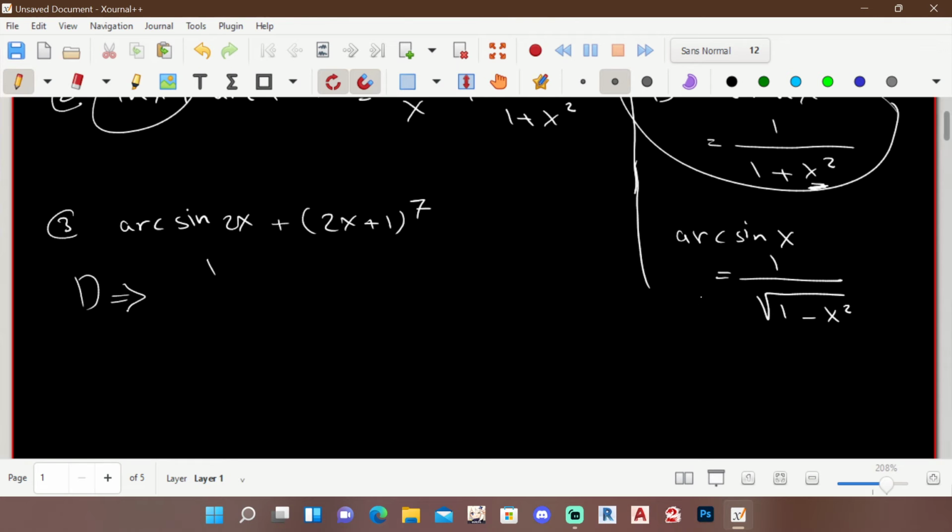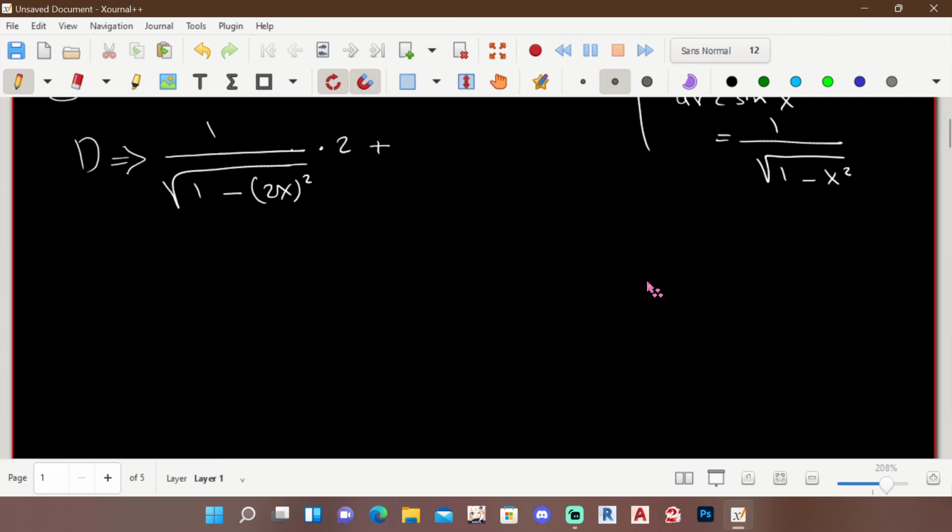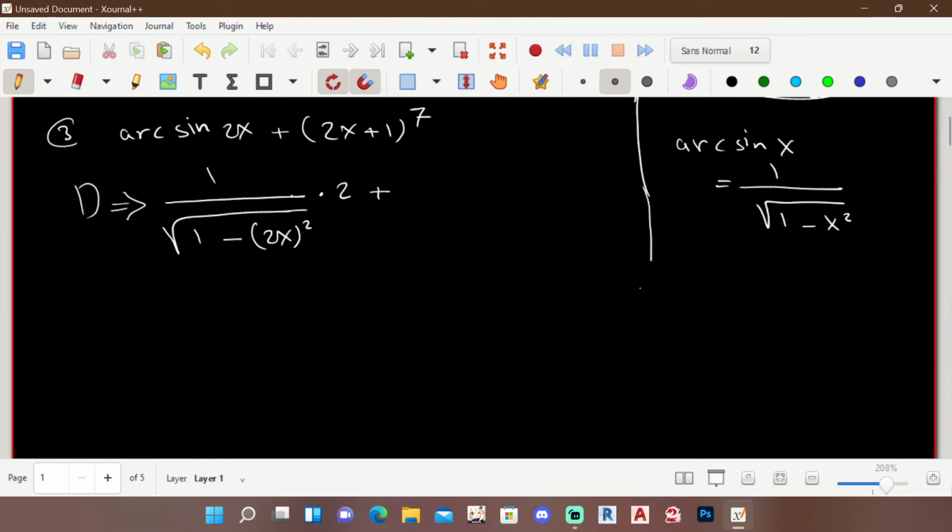The arcsine derivative is 1 over the square root of 1 minus 2x to the 2nd power, and I've got an inner function, which is 2x, and the derivative is 2, plus... Now another thing to think about is when you've got this type of function with a power, it's easier to just think that I've got a power and I need the derivative of the power.